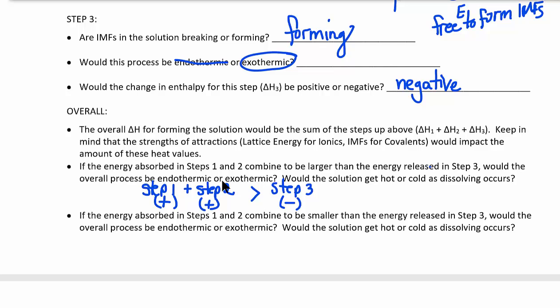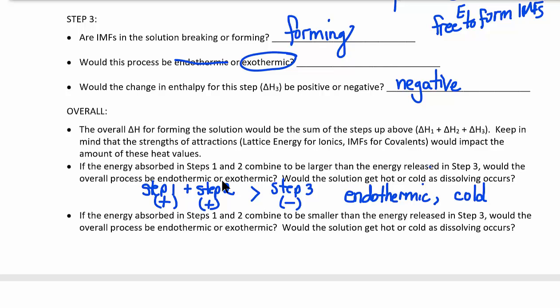Therefore, your process will be endothermic, because if your delta H is positive, you need to add heat. If it's endothermic, that means the reaction is taking in heat, so the solution will get cold because it is removing heat from the surroundings.